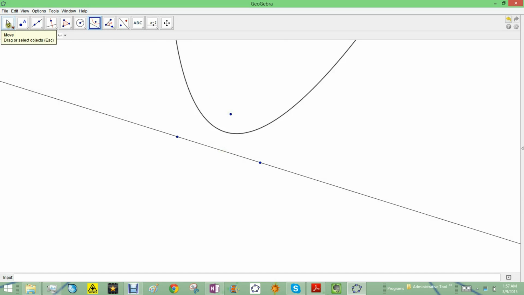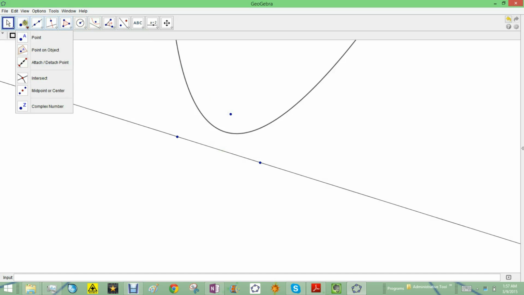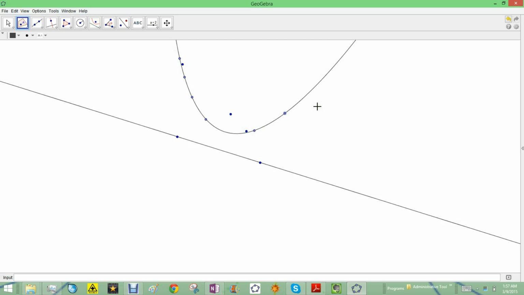So here's a parabola, and again we can think of this as a collection of points, or at least we can speak about the set of all points of this parabola. So that's the range. The range of a line or conic is the set of all points upon it.